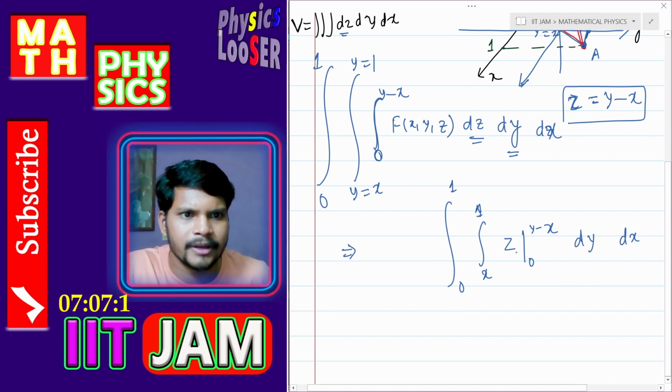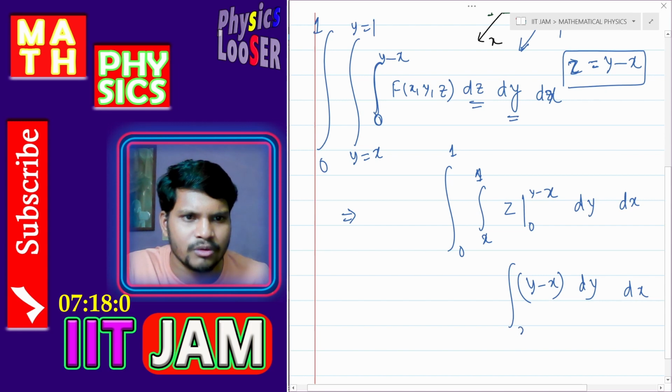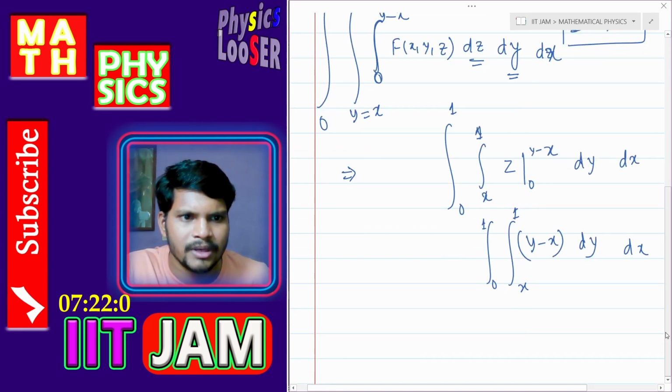So you can just plug in y minus x and 0. So I will get y minus x into dy, and in this I'm going to consider x to be a constant. So the limit will go from x to 1, and 0 to 1. Then over here I can simply write that integrating dy becomes y squared by 2 minus x into y, again putting the limit from x to 1, and then dx, and everything would be 0 to 1.